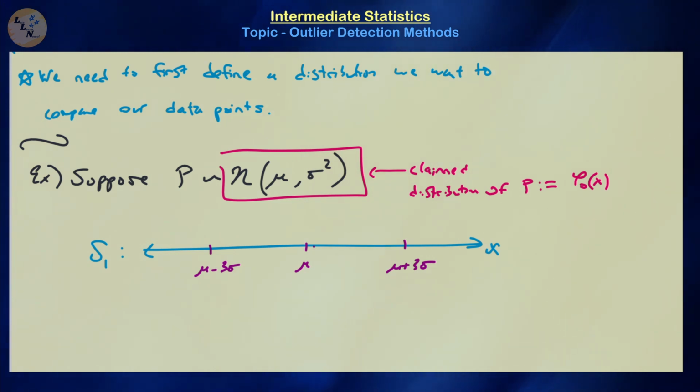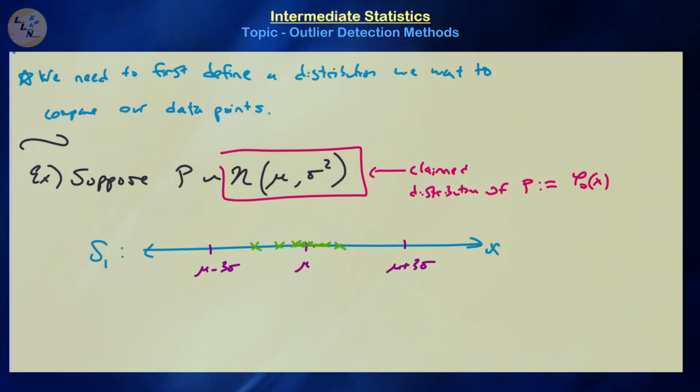So let's assume that our data points are sort of clustered around the mean, so these x's are like our data points. And of course they're going to scatter as you move along. And then let's assume we have this point here. If we decide that the population is truly normally distributed, one can ask the following questions.